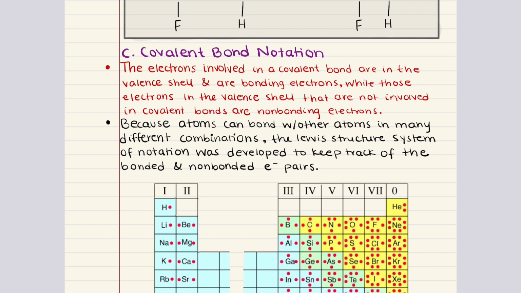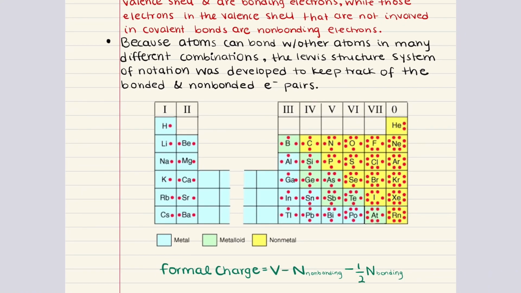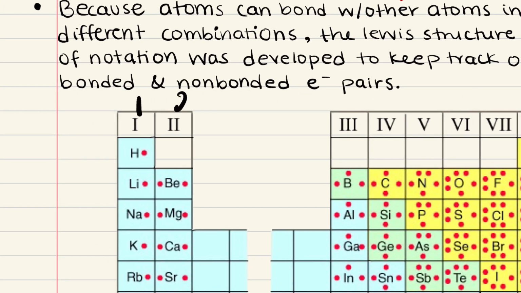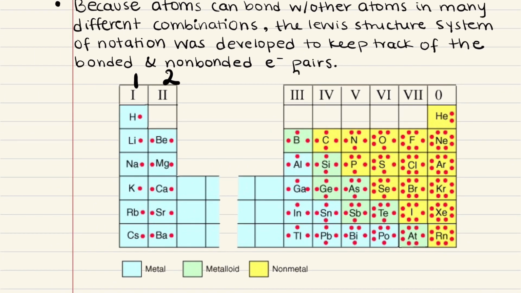Now, the number of dots around an element corresponds to the number of valence electrons, and that can actually be determined from the element's group number in the periodic table when we exclude transition metals. So this would be group 1, this would be group 2, and then we skip the transition metals. This would be group 3, 4, 5, 6, 7, and 8.